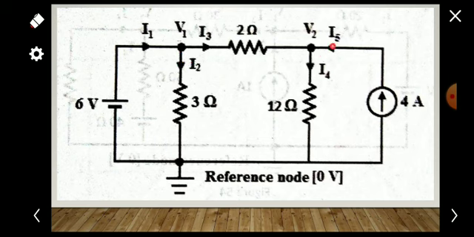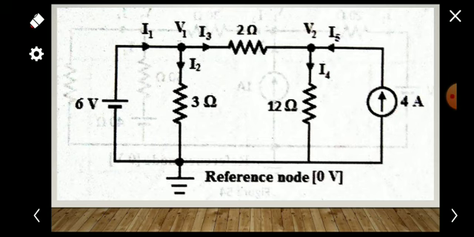At the second node, I3 is approaching, and I4 and I5 are leaving. You can see I5 on this side is a current source; they have given a current source here, but here it is a voltage source. If the question itself gives a current source, it means the value of current I5 is itself 4 ampere.